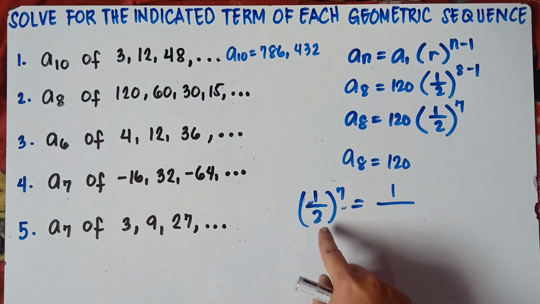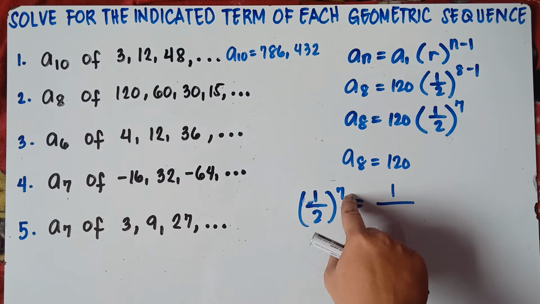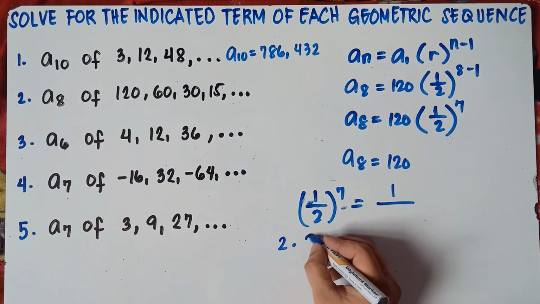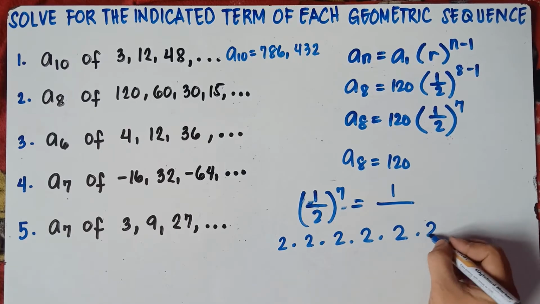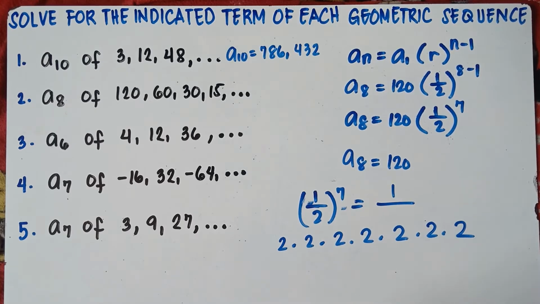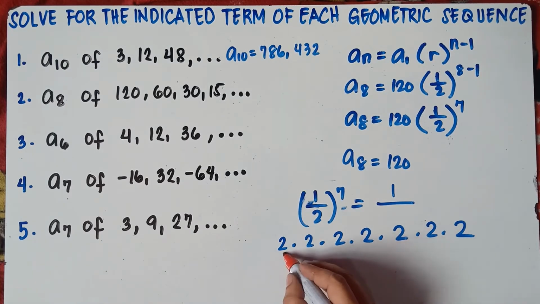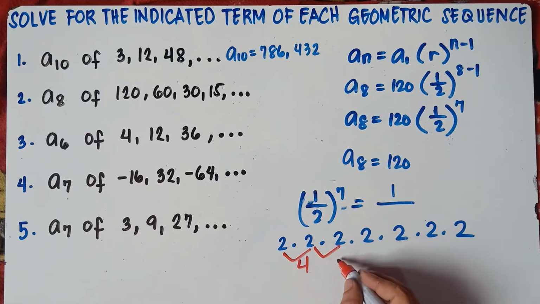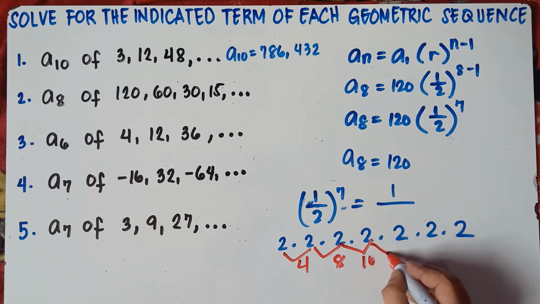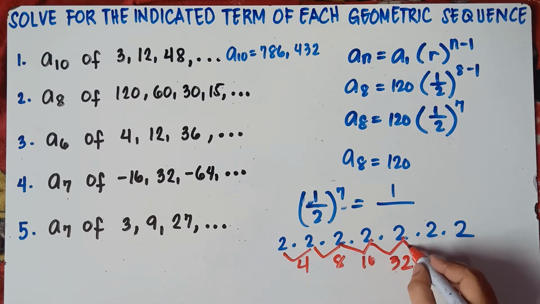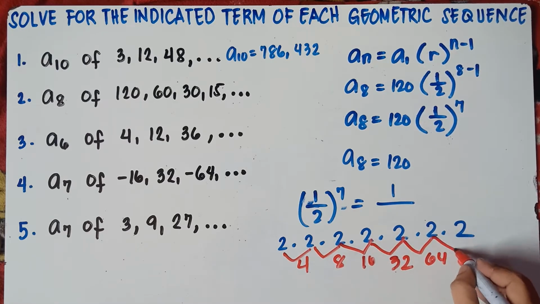And for 2, you multiply 2 by itself 7 times. So 2 times 2 times 2 times 2 times 2 times 2 times 2. So for 2 times 2, that is 4, times 2, this is 8, times 2 is 16, times 2, 32, times 2, 64, times 2, 128.